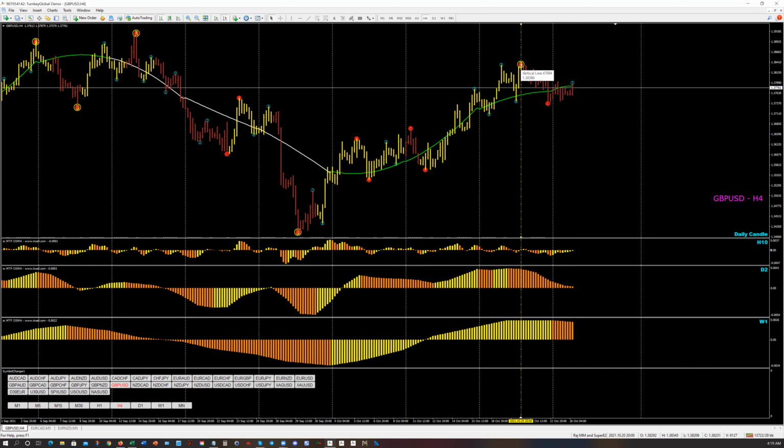Okay, you got a 3-ball trying to go short. That's your first red on the H10, right? You don't have to wait for the red to turn H10 on the 4-hour. You can just go to the 15 right from here.